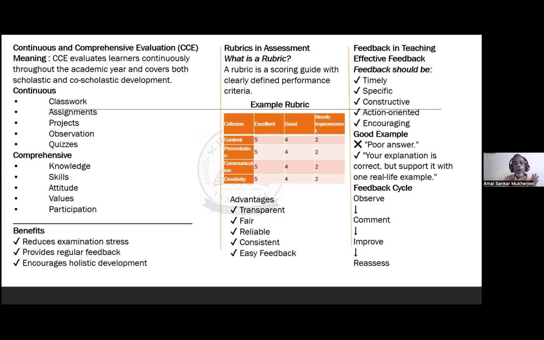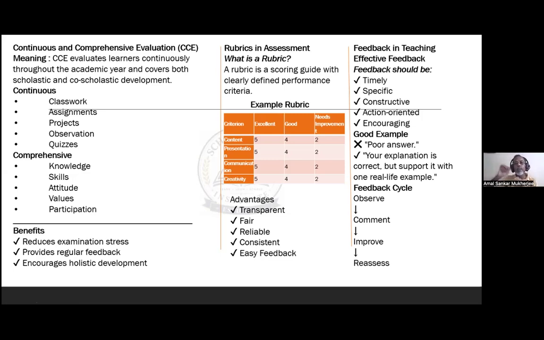So covering all these things, we have the continuous and comprehensive evaluation, CCE. What are the benefits? It reduces examination stress because students are habituated to giving assessments or examinations. It provides regular feedback. It encourages holistic development. So these are the benefits of CCE.